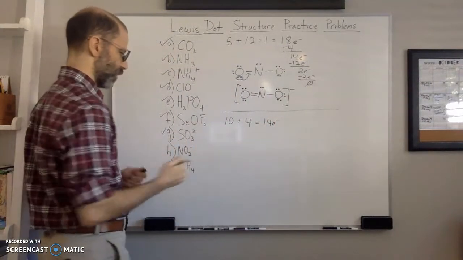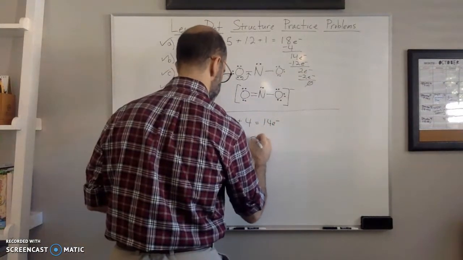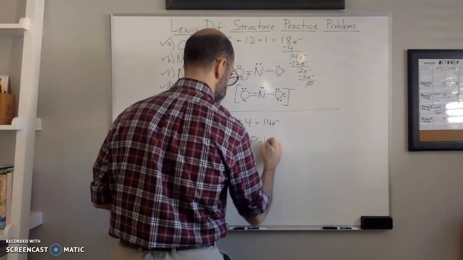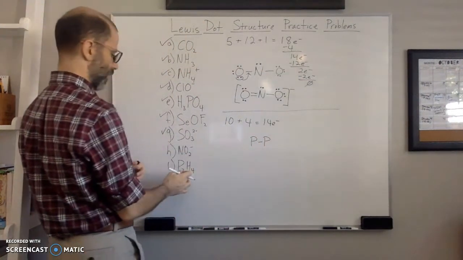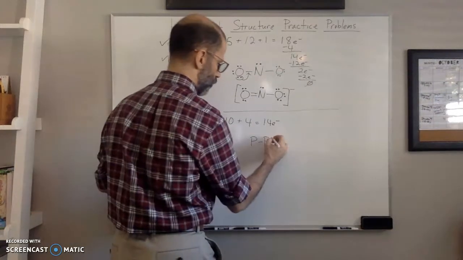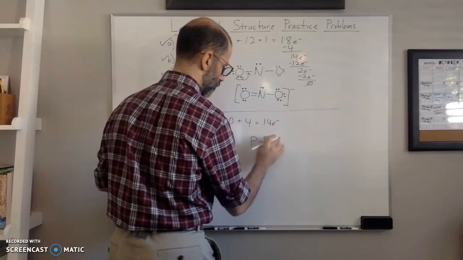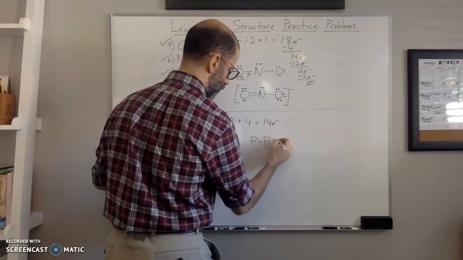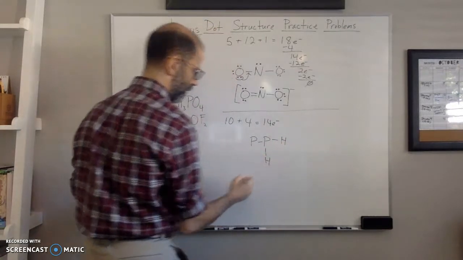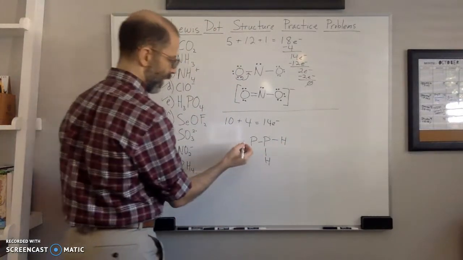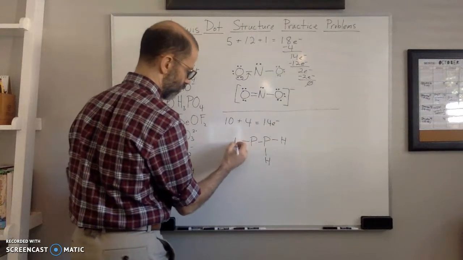Our skeletal structure is going to look like this. The phosphorus atoms are the central atoms, they're bonded to each other, and then the hydrogens are bonded to the phosphorus. So we have phosphorus there, and we'll have 2 there, right? And you'll have to figure this out.